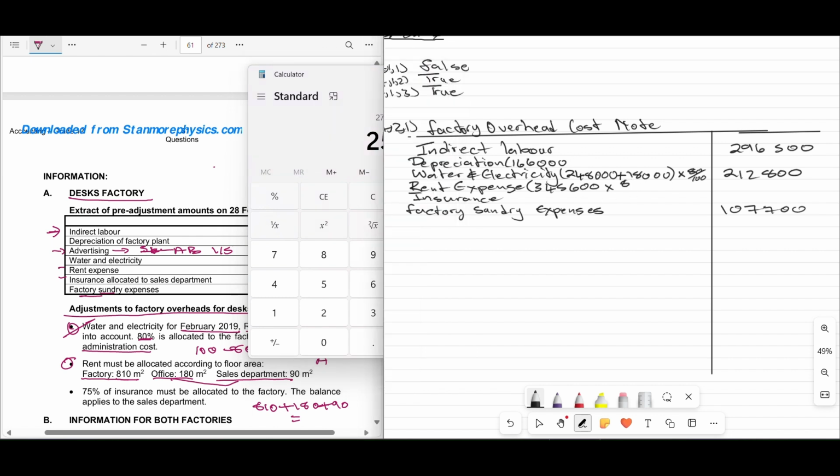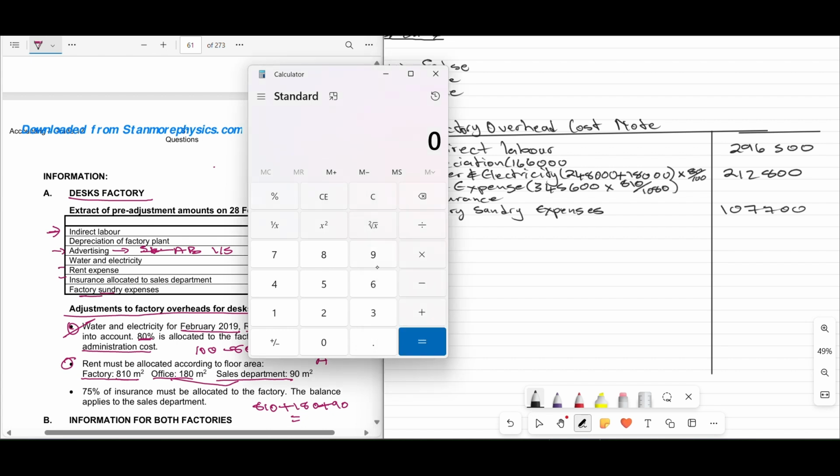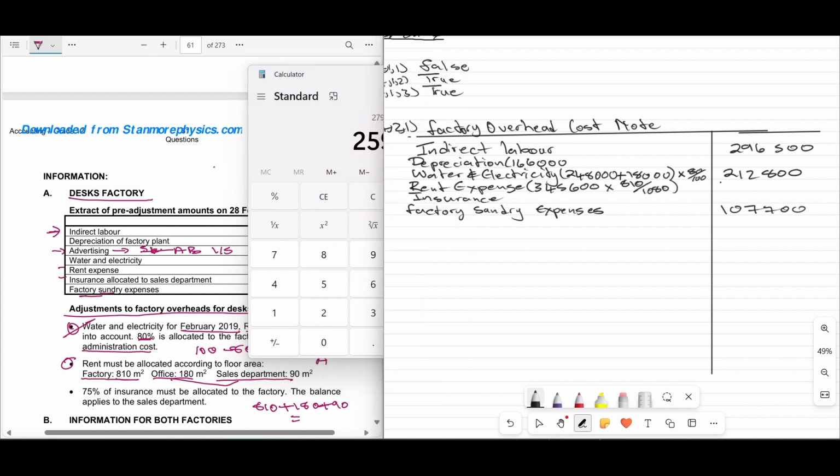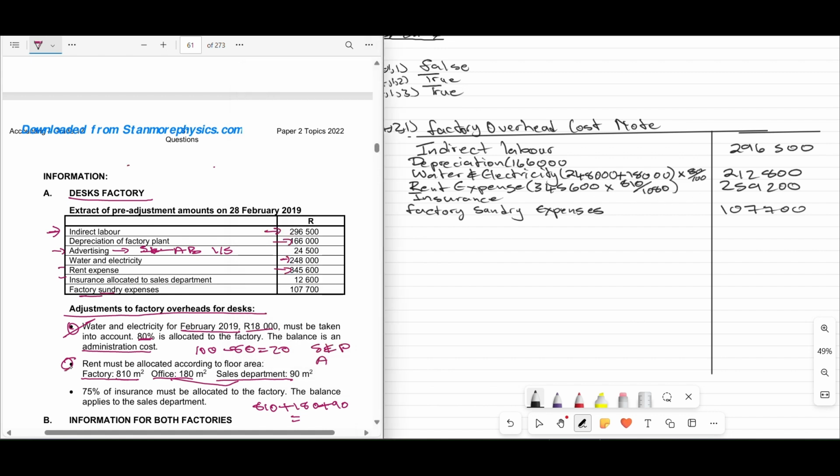This is 810, not 8. Let's see, 345,600 times 810 divided by 1,080. We get 259,200, right? 259,200. Thank you. So we are done with this transaction.